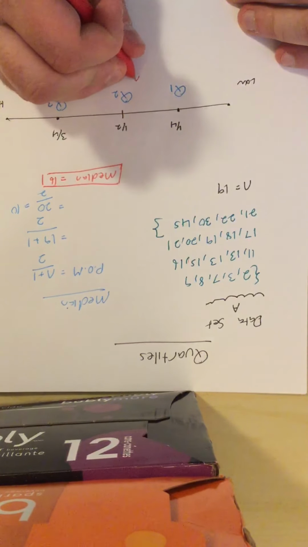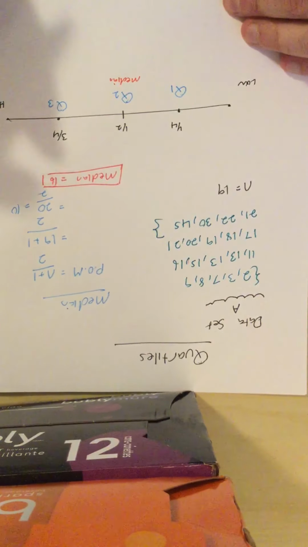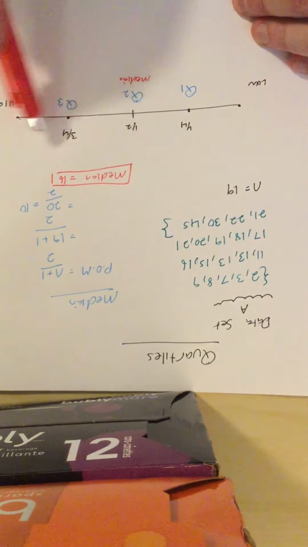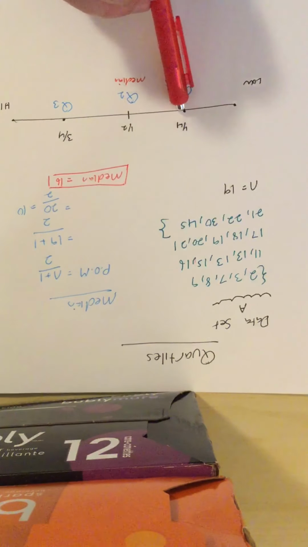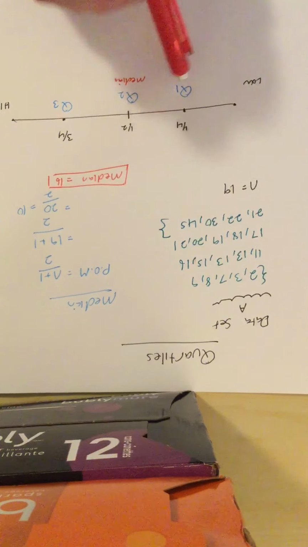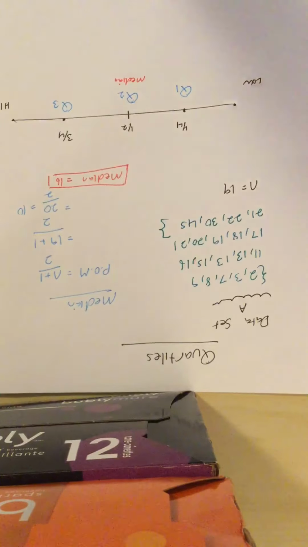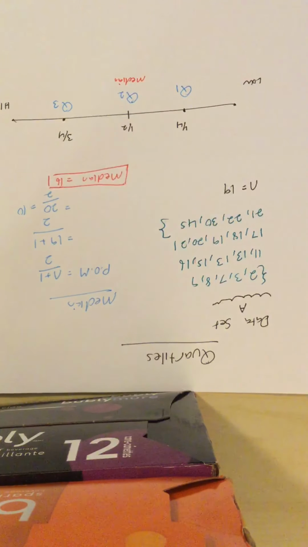Another name for Q2, of course, is the median, and Q3 is the point that separates these two quartiles. Another way of looking at it is, this is the number a quarter of the way through, and this is the number 3/4 of the way through. Q1 is the point where a quarter of the numbers are below and 3/4 are above. And here 3/4 are below and 1/4 is above.